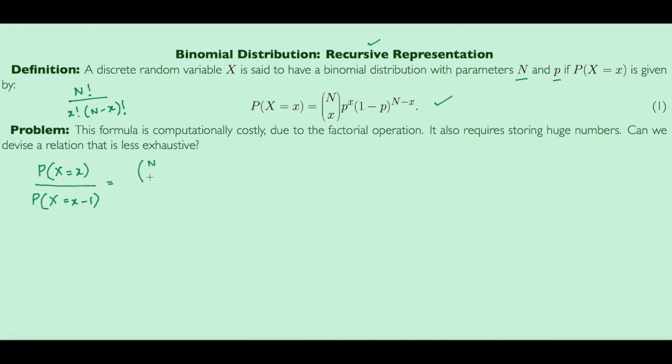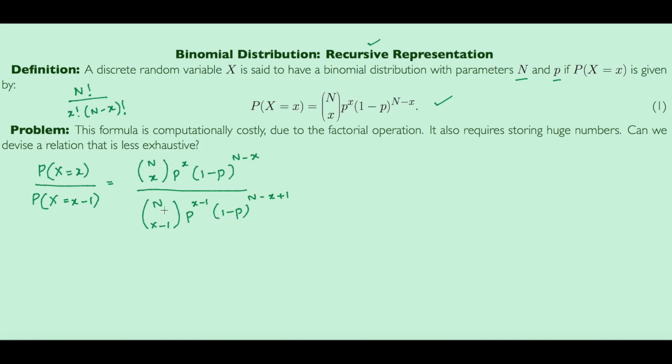The numerator is n choose x p to the x (1 minus p) to the n minus x. The denominator is n choose x minus 1 p to the x minus 1 (1 minus p) to the n minus x plus 1.